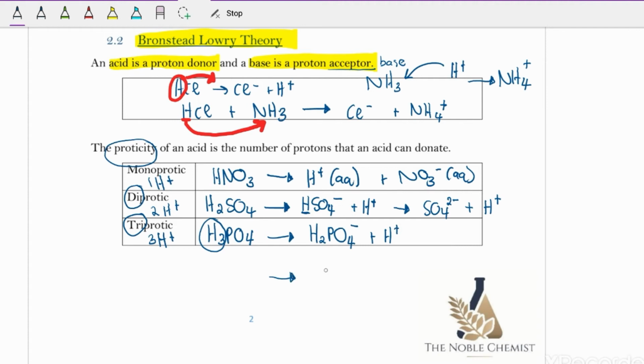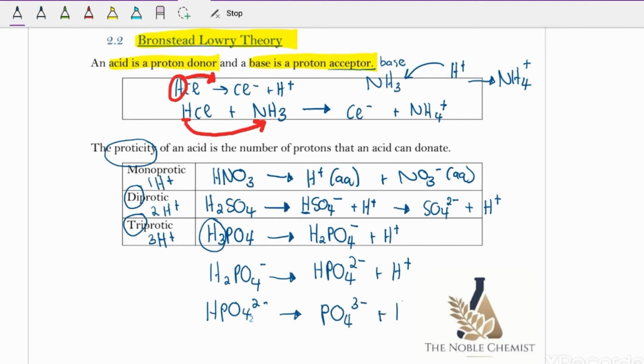If I give away another proton, it's going to become HPO4 2- plus a hydrogen ion. And if I give away that last one, it's going to become a phosphate ion plus another proton.